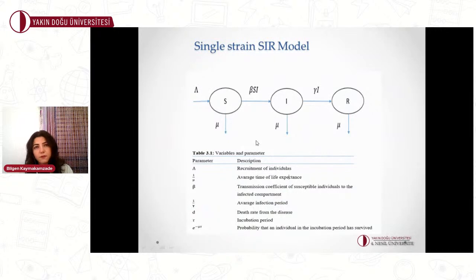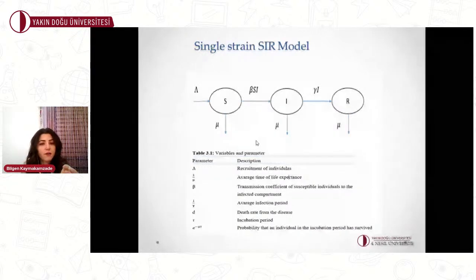And after giving this information about the basic reproduction ratio, I want to show how these models work. First, I will take a single strain SIR model and try to explain the structure of the model. Here, we divide the population into 3 compartments, S, I, and R. S represents the susceptible class, I the infected, and R the recovery class.